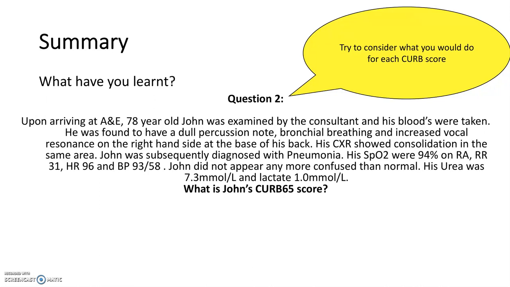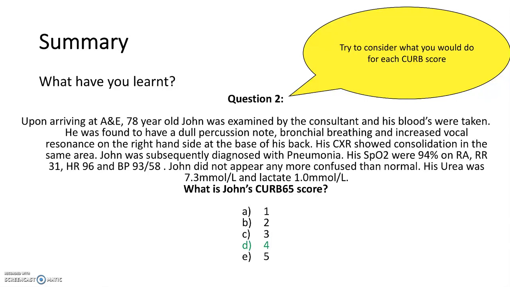What is John's CURB-65 score given his recent diagnosis of pneumonia? Is it 1, 2, 3, 4, or 5? As a clue, of course, try and consider what each letter of CURB stands for, and 65 at the end, and try and work out from that paragraph which he scores.